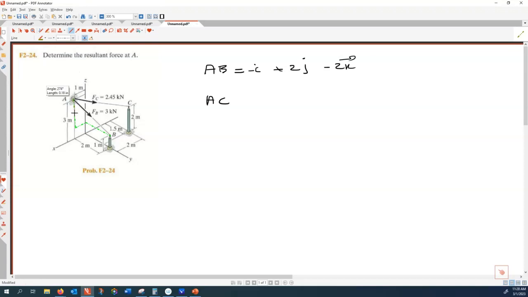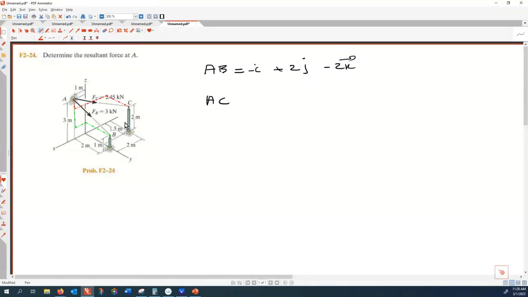So first is a little one here. There is control group, right? Yes, 3 minutes. Okay, so that is for AC.